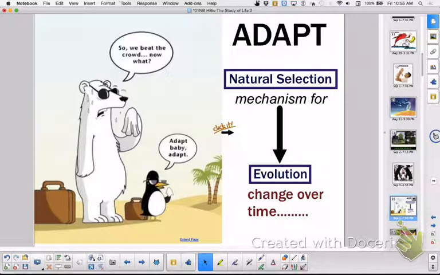And then natural selection is a mechanism for evolution. The environment is selecting which traits are going to be passed on, because organisms with these traits are the ones that survive to reproduce.